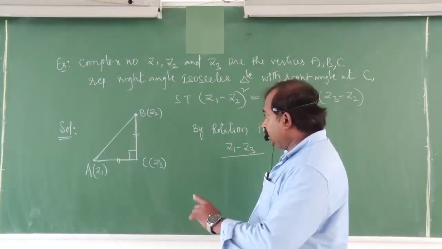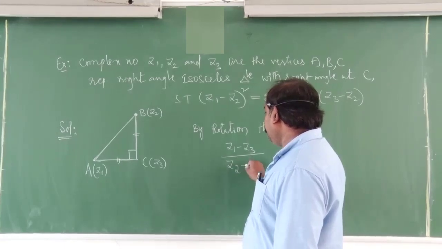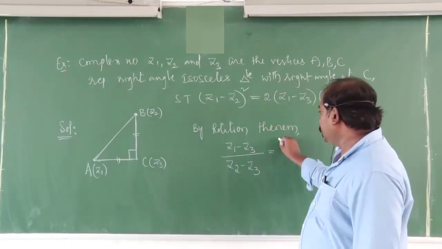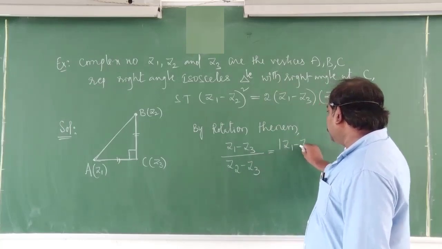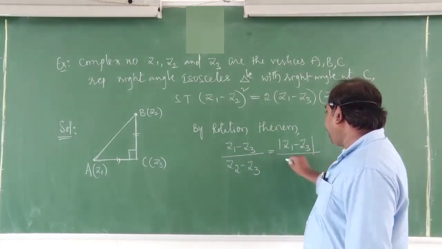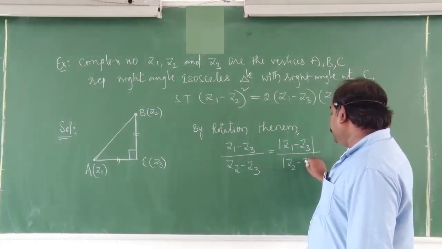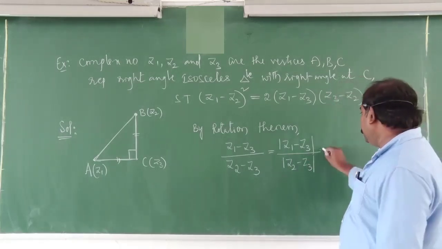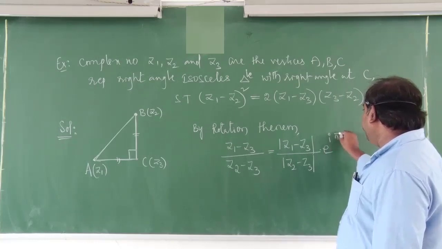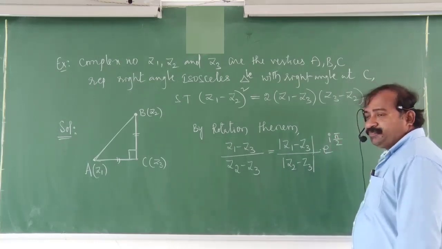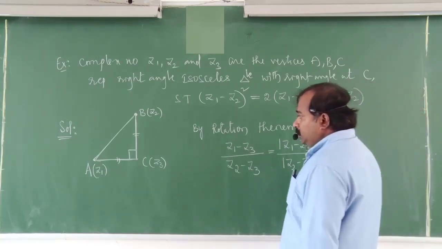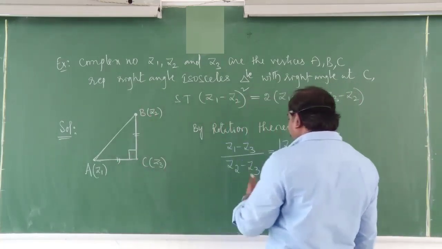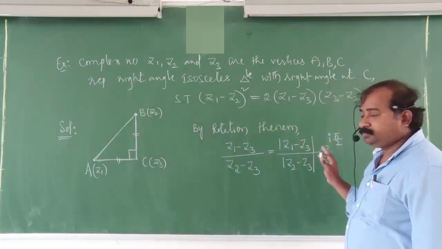Z1 minus Z3 by Z2 minus Z3 equals modulus Z1 minus Z3 by modulus Z2 minus Z3 into e power i pi by 2, since the angle is pi by 2. Can I write like this? Cross check one time. This is the value.